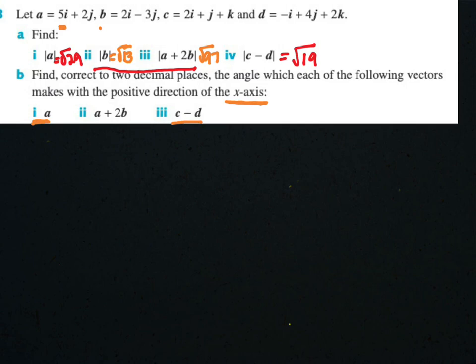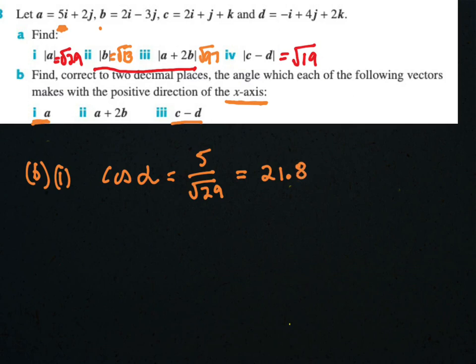So we are going to say that cos alpha is equal to 5, because in the i direction we've got 5 units, over the square root of 29, because that's the magnitude of vector A, and to 2 decimal places according to my calculator in degrees mode is 21.80 degrees to 2 decimal places.